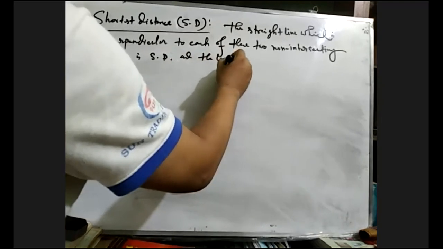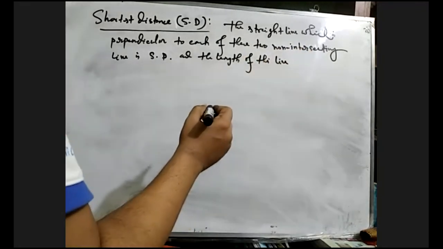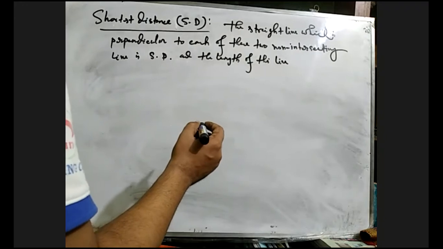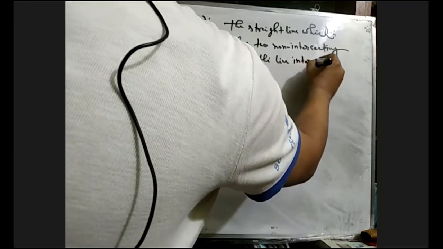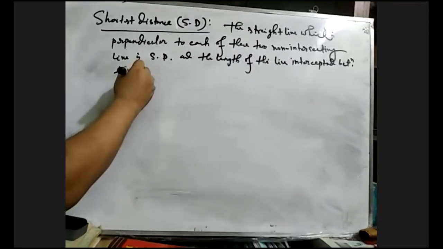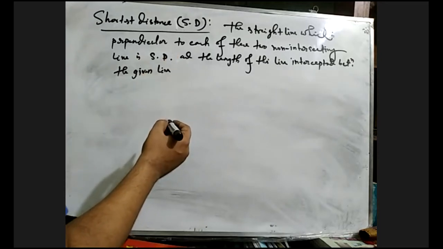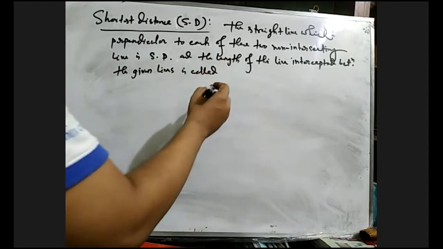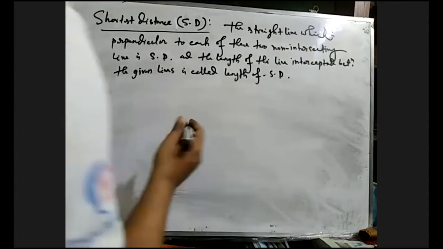And the length of this line intercepted between the given lines is called the length of the shortest distance.